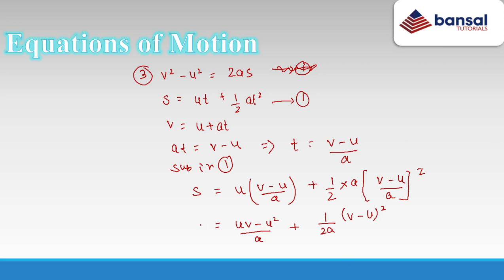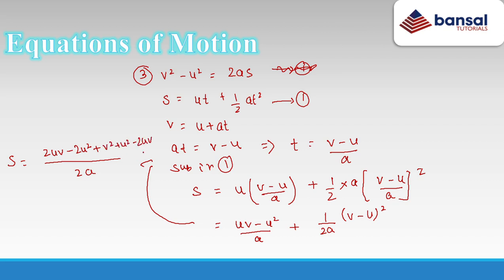Now taking LCM, what we will get? s is equal to, 2a is the LCM. Here you will get 2uv minus 2u square plus v square plus u square minus 2uv.